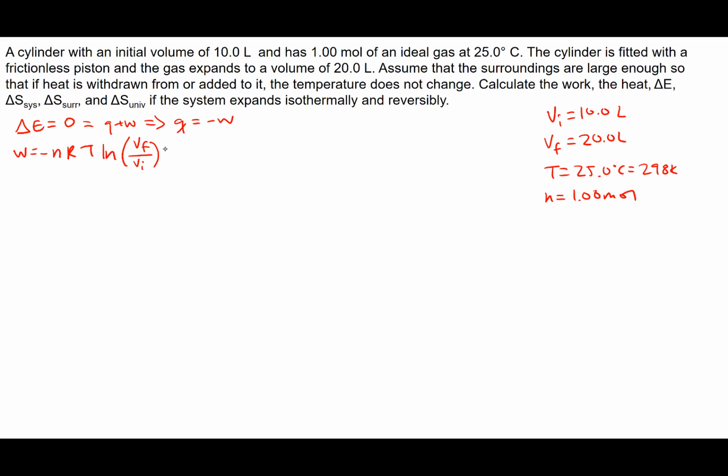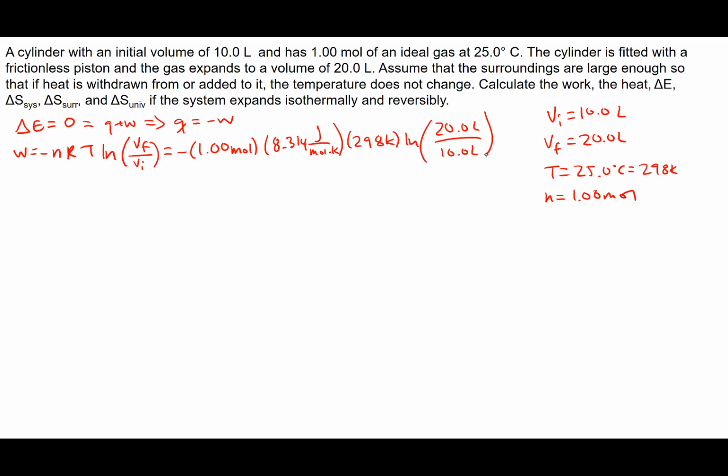So if we go in, we have negative 1.00 moles times 8.314 joules per mole per Kelvin times the temperature, which is 298 Kelvin, times the natural log of 20 liters over 10 liters.